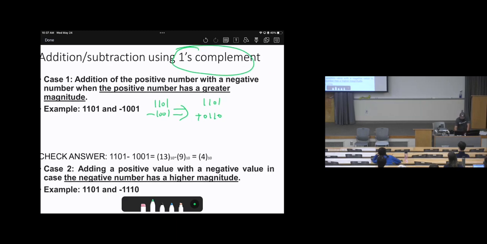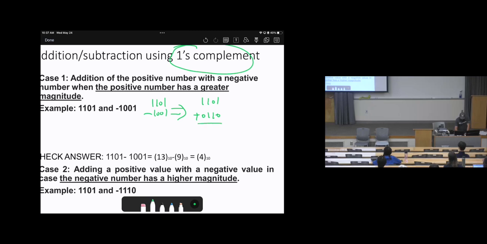Okay. So when you add, 1 plus 1, 0, carry 1. 1 plus 1, 0, carry 1. 1 plus 1 will be 0, and there is a carry out 1. Remember, how many bits do we have here?